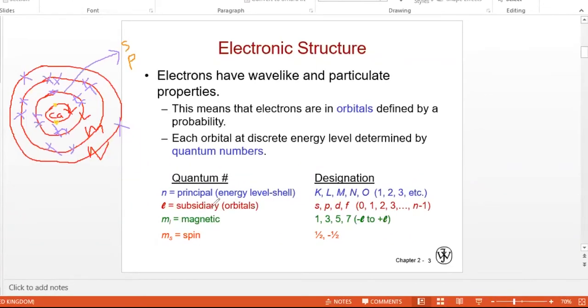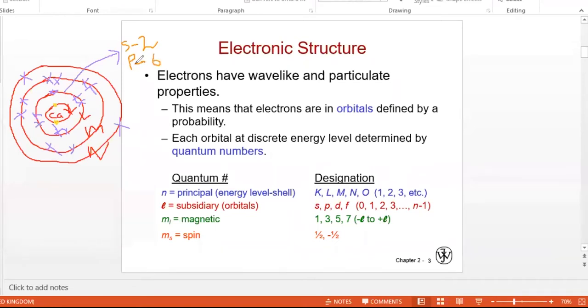The subsidiary orbit, so we will call it a secondary orbit also. They will be denoted by small s, p, d, and f, right? So only these four. For the principal orbit, we have K, L, M, N, O, P, and so on. But for the secondary orbit, we have only these four. So this s can have a maximum of 2 electrons, and this p can have a maximum of 6 electrons.